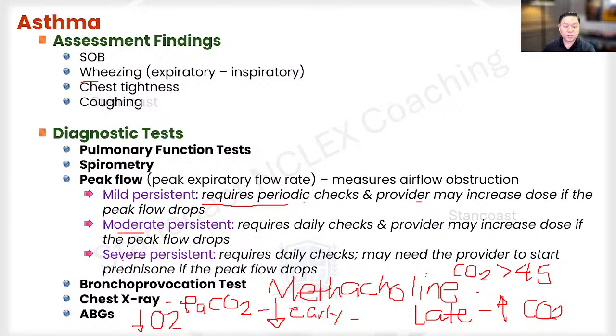This is going to give us a signal that the patient is heading towards respiratory failure. They're going to require us to treat the hypoxemia, and if they're not responsive to oxygen therapy and bronchodilators, they're going to end up on a mechanical ventilator, with, of course, the insertion of an endotracheal tube.